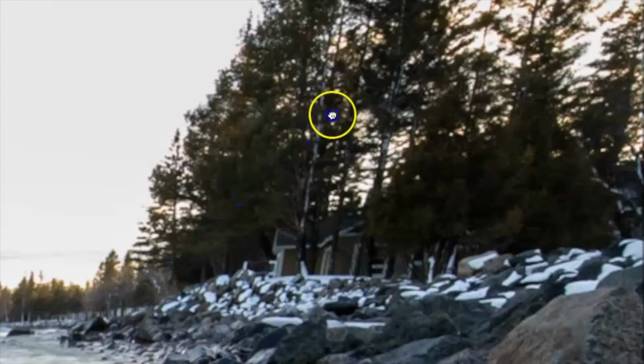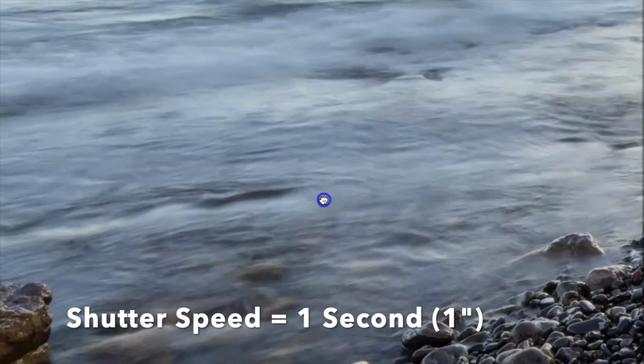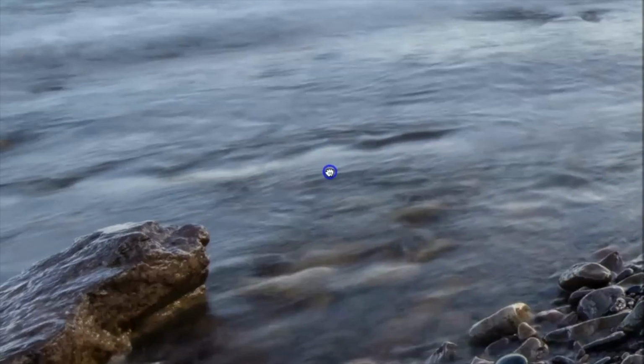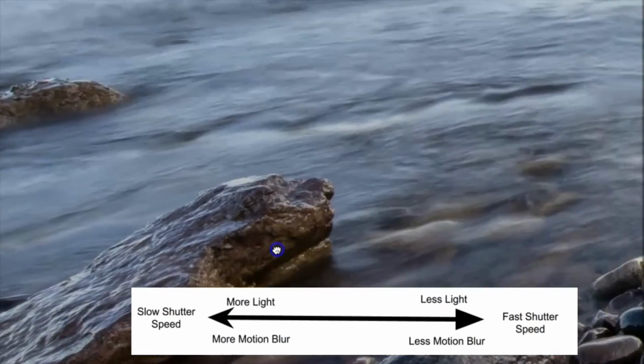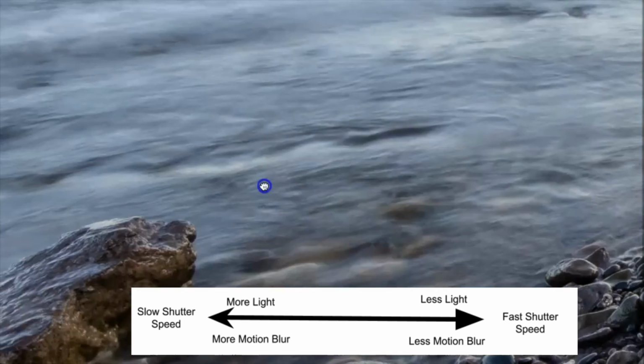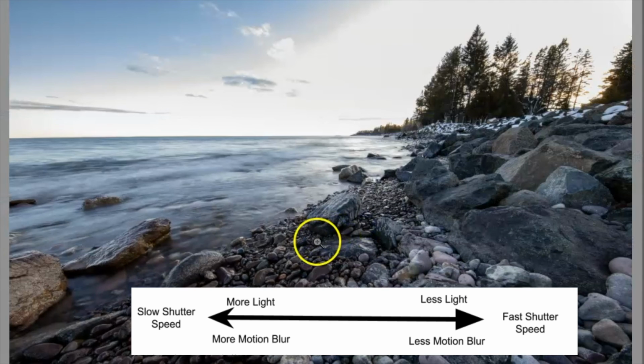All the way to 1 second in length. So here's the slowest shutter speed picture that we took in our example. Very blurred out. So again, shutter speed can affect light, so how much light comes into your picture, but it can also affect how motion is seen, whether it's blurred out or if it is stopped with its movement.